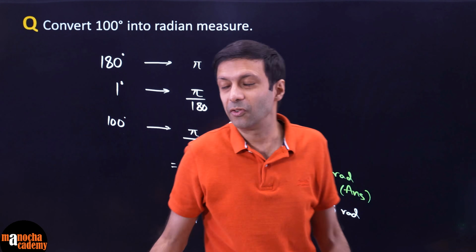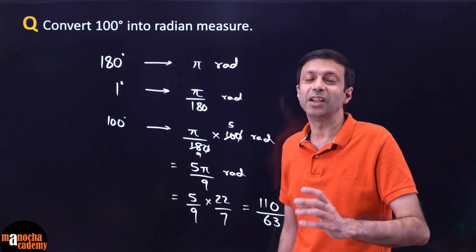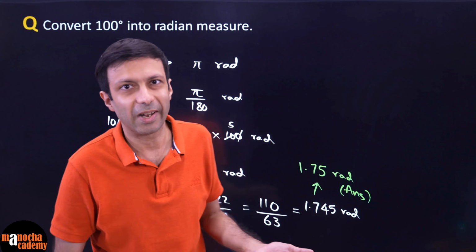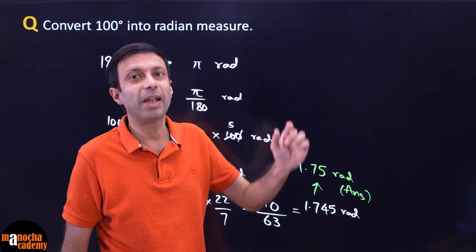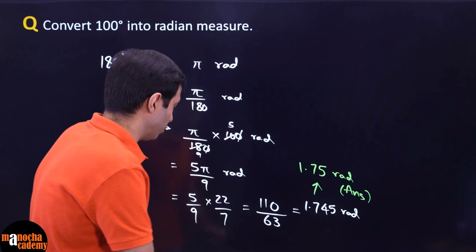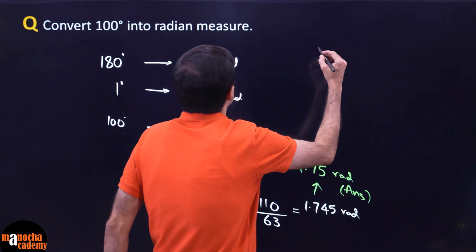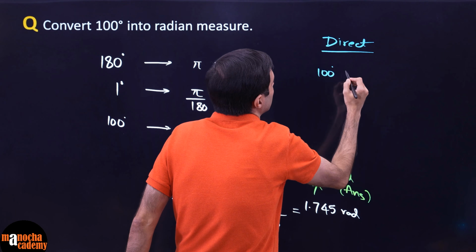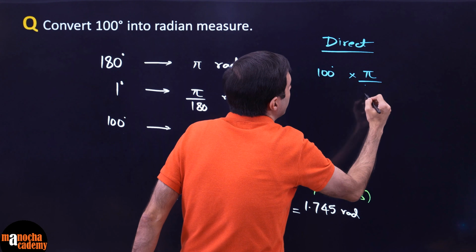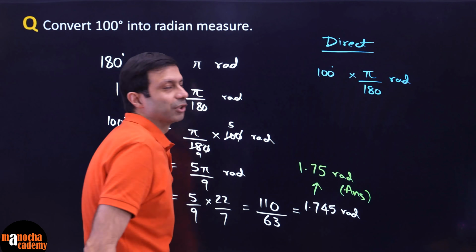Now you can do the unitary method, but you don't have to do this every time. It's better to just remember the conversion directly: if we are going from degrees to radians, you need to multiply by pi by 180. So the direct method will be 100 degrees, directly you multiply by pi by 180. That is your conversion.